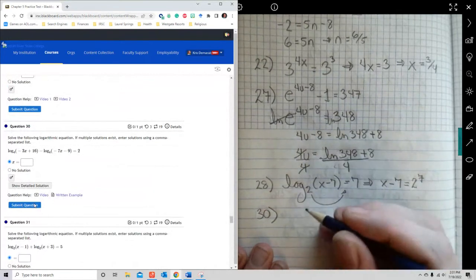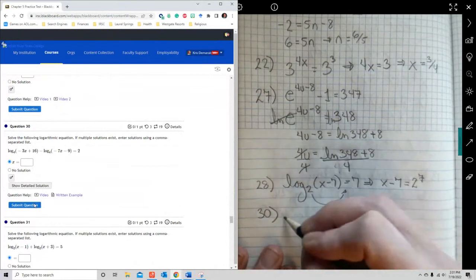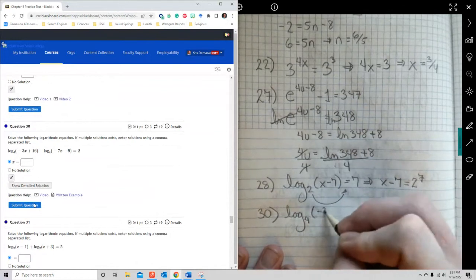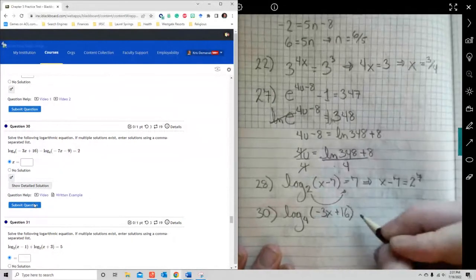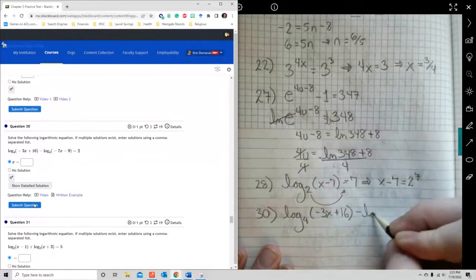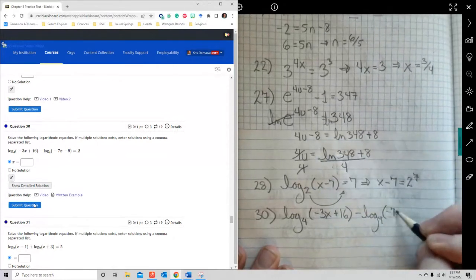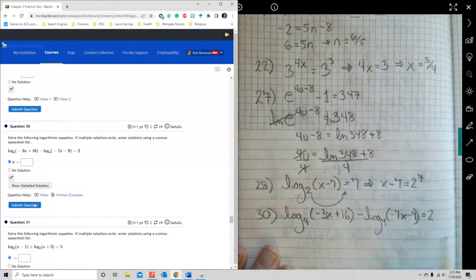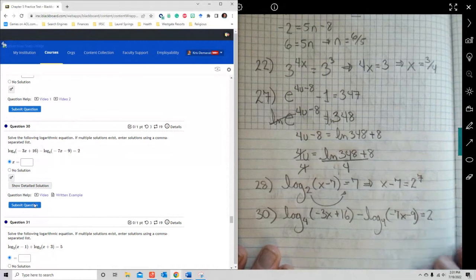Now it says solve the following logarithmic equation. If multiple solutions exist, enter solutions using comma separated list. Now, I see that every one of these has a log base 4 except for the last term over here.